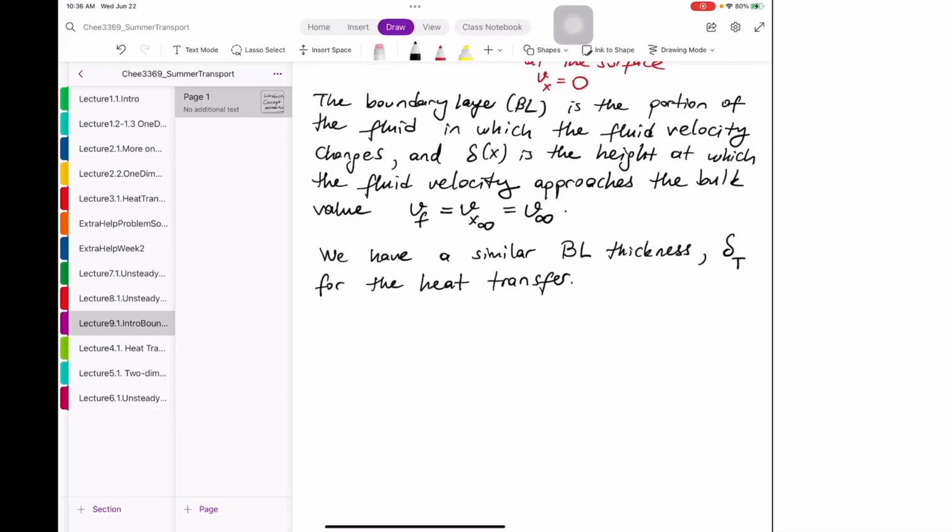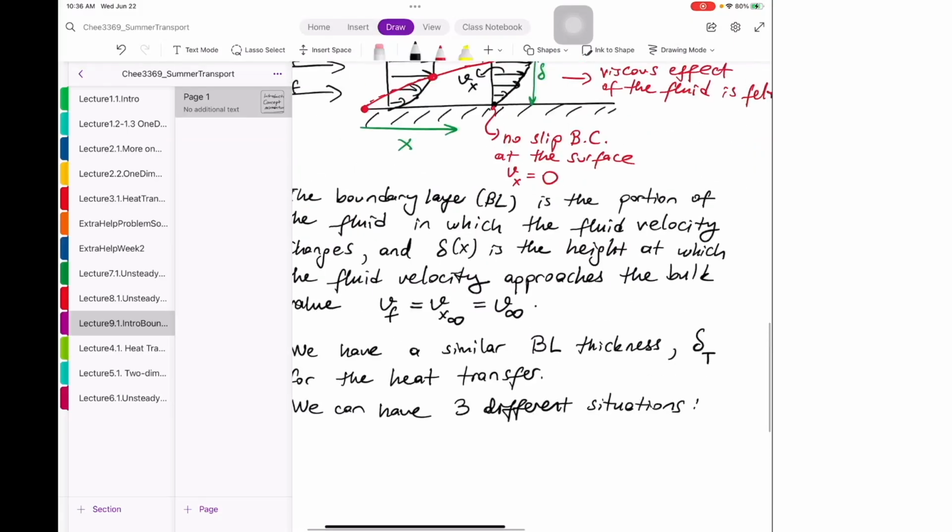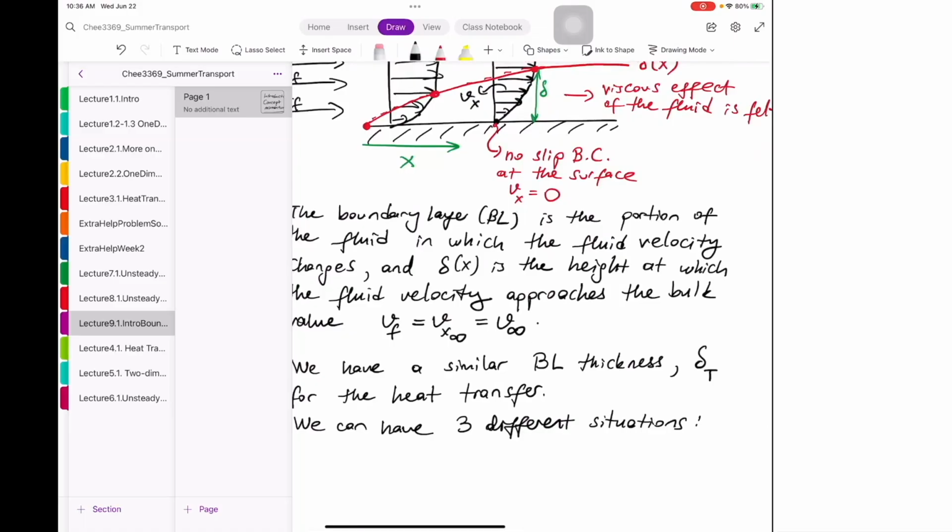Now, we can have three different situations. When I ask the question, how does this delta T compare with delta? For example, are the viscous effects penetrating faster than the heat transfer, or slower than the heat transfer?